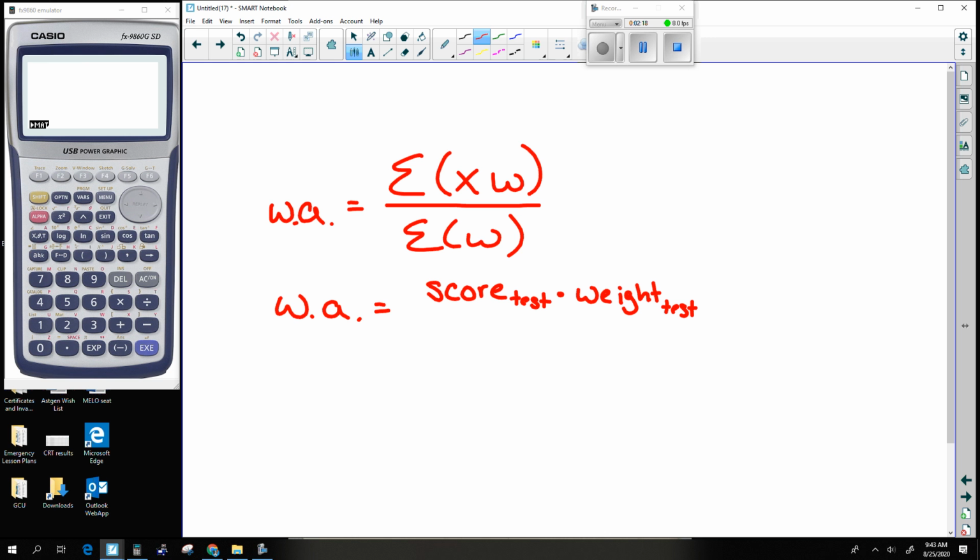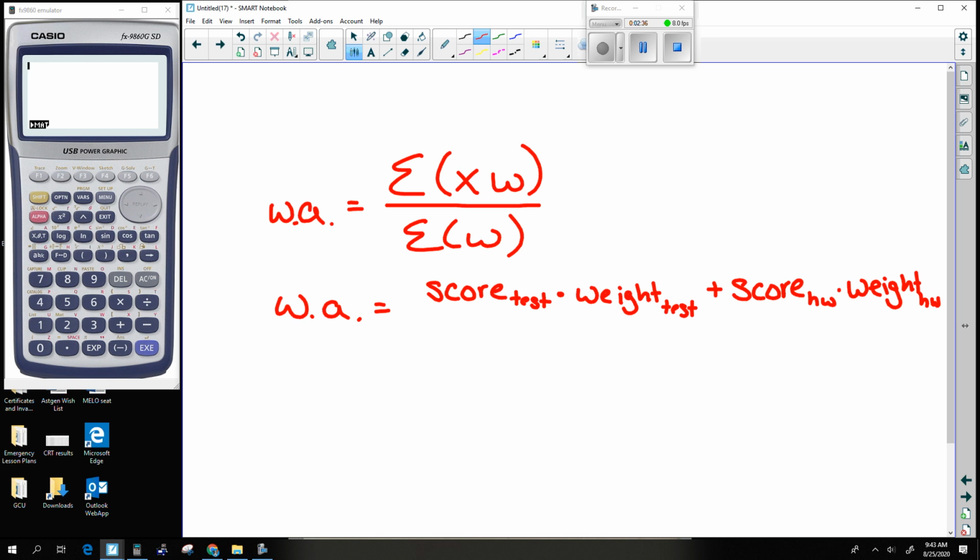Now you add to that whatever other categories that you have completely fulfilled. So you'll have the score that you got on your homeworks, and you multiply that by the weight of the homeworks.